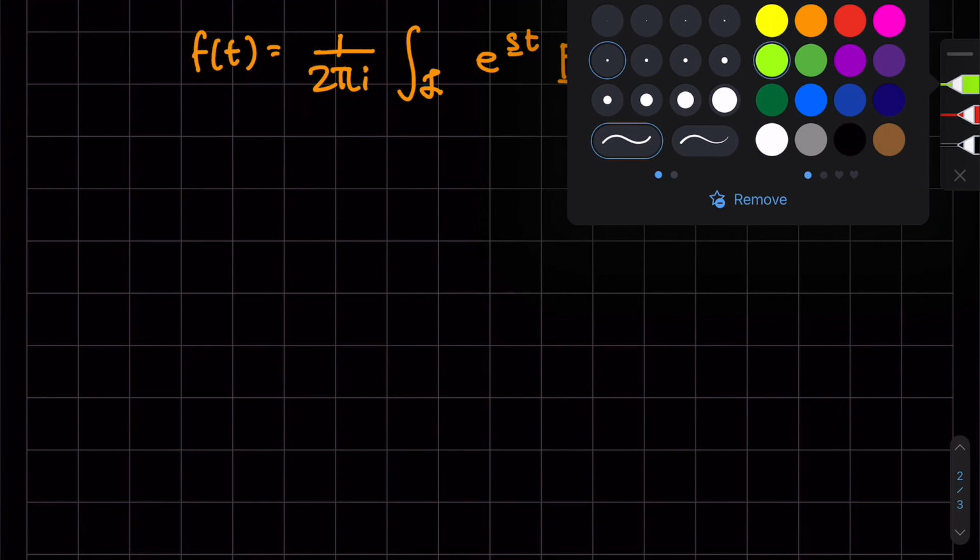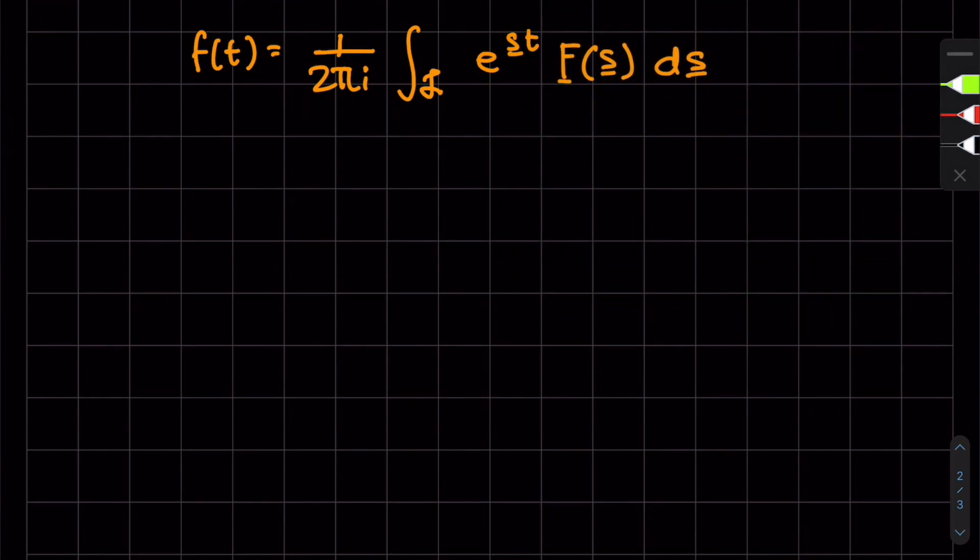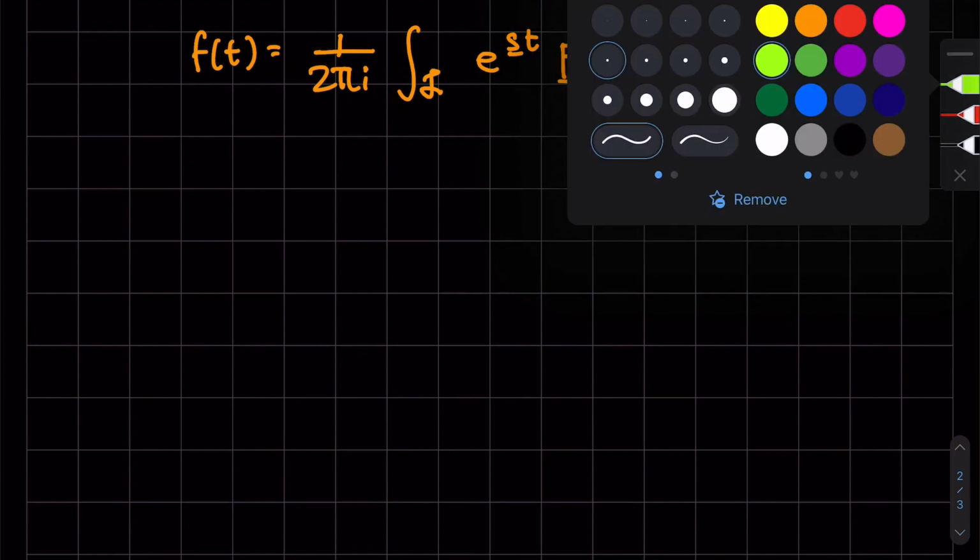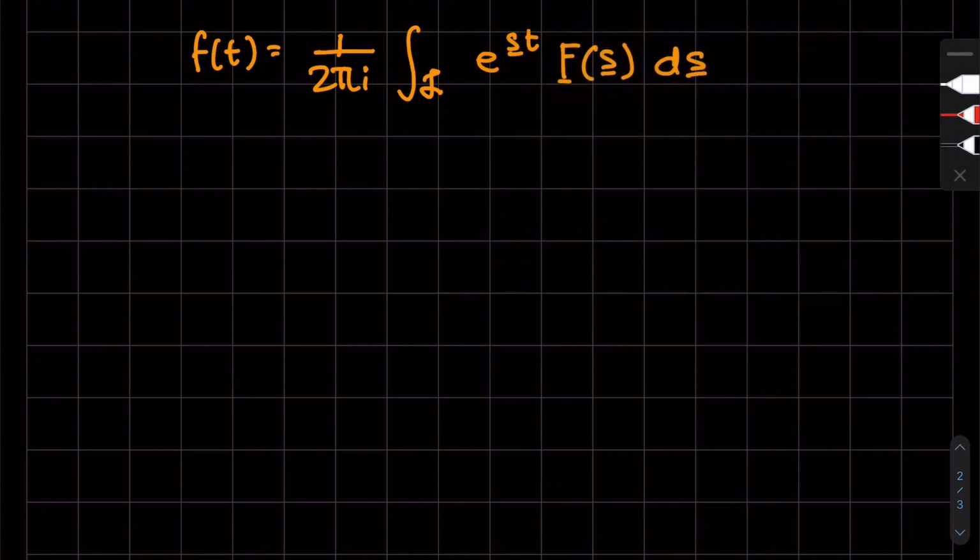So I'm going to just draw this quickly. Assume you have your axes in the complex plane, in the complex s plane to be precise. So this is imaginary, this is real.